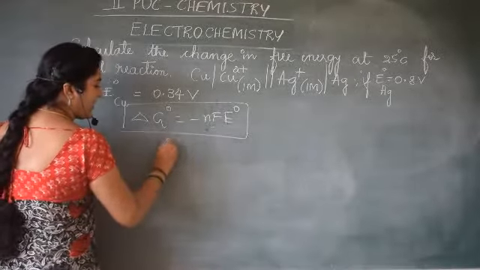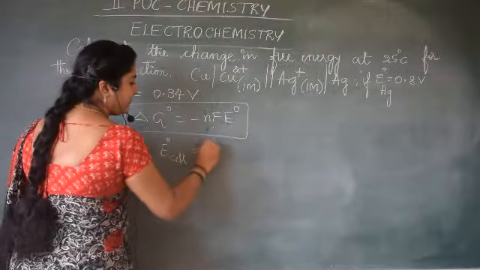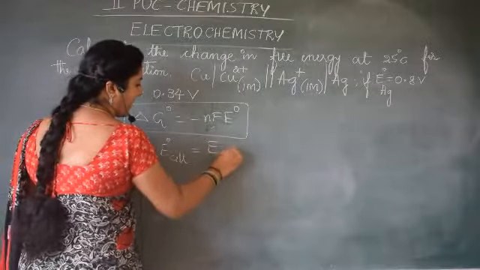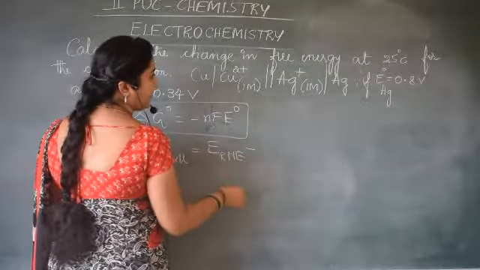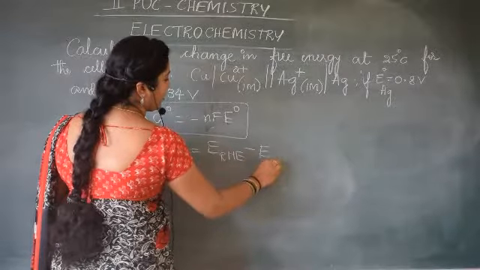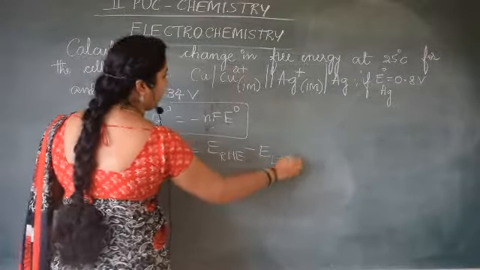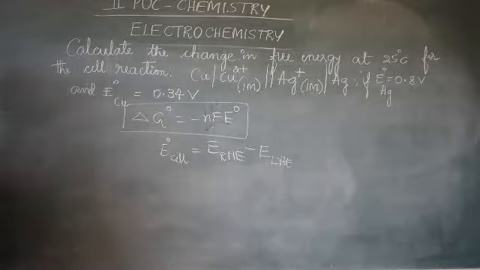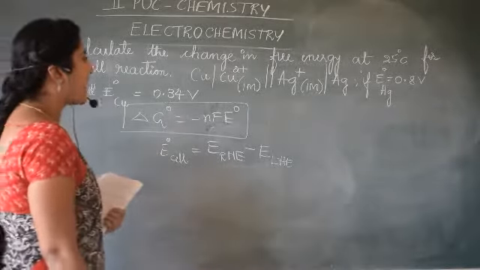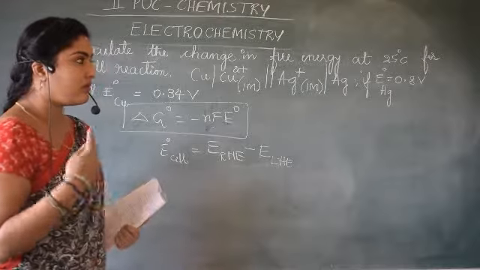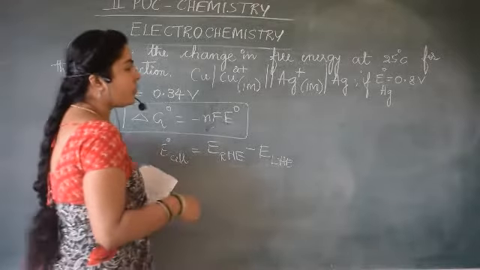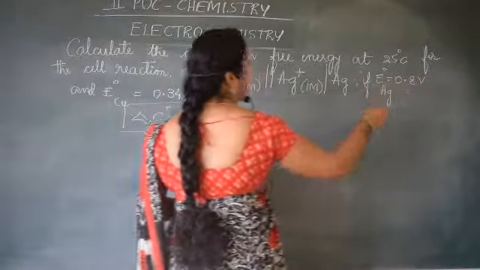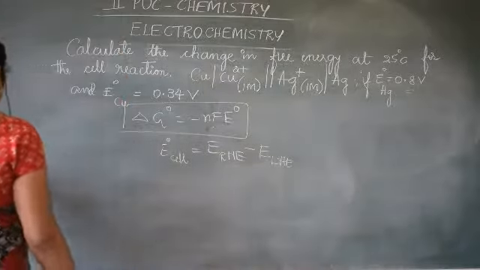So how can we calculate E naught of cell? E naught of cell is equal to electrode potential of right hand electrode minus electrode potential of left hand electrode. For silver and copper, the electrode potentials are given. The one which undergoes reduction will be the one with the more positive value, that is silver.